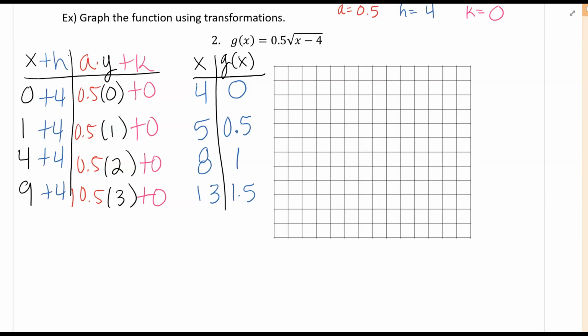Alright, my X values, I don't have any negatives, and I need to go out to 13. So you want to move your Y-axis all the way towards the left side because you don't need any negatives. So my Y-axis, I'm going to draw it here.